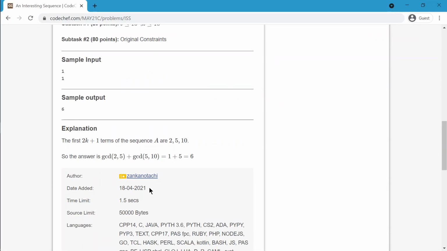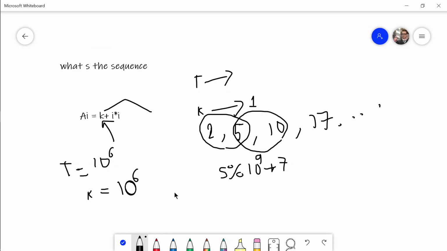Let us see the time limit given, which is 1.5 seconds. It means that you can perform 10 to the power 12 operations in 1.5 seconds.